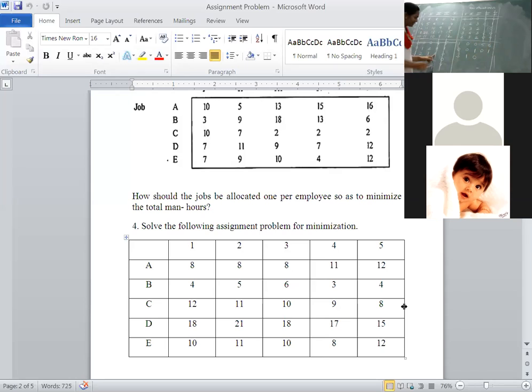I hope this value is 1 only. 1, 0. Take one. Okay. Then 2. 5 minus 1. 2 minus 1. 2, 0. 1. 2 minus 1. 1 minus 1.